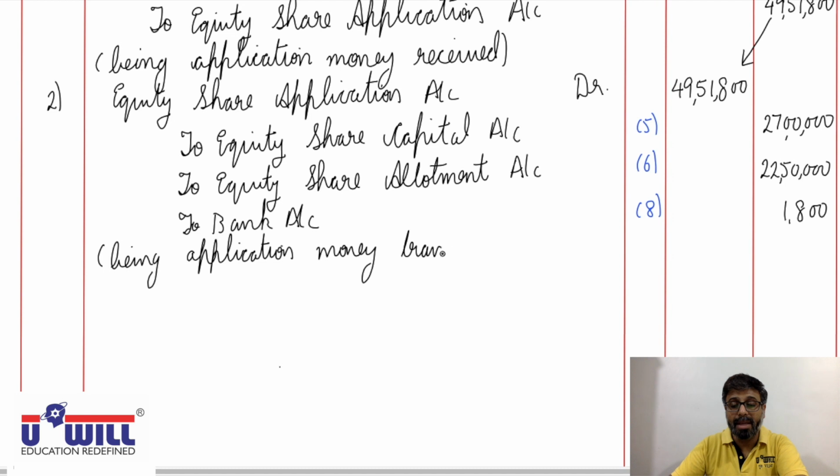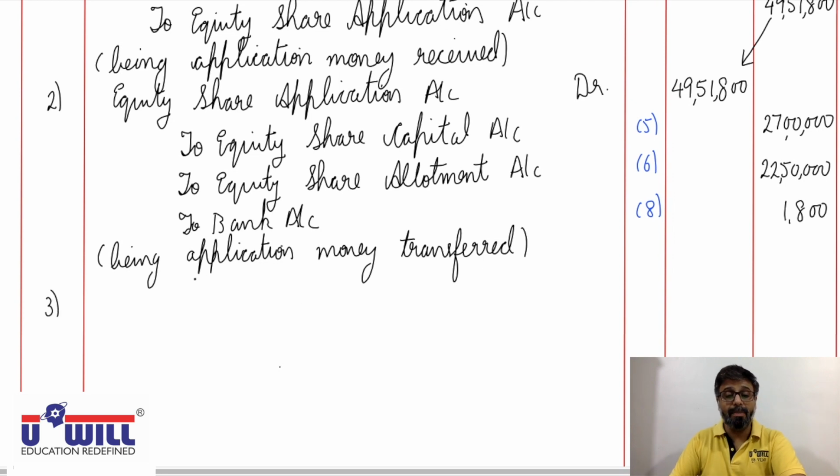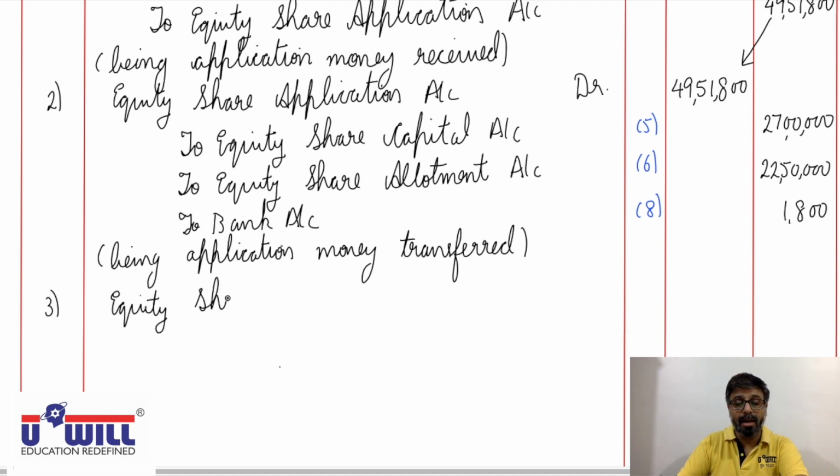Being application money transfer. So 2 entries of application are done. Now allotment money due, equity share allotment account debit.